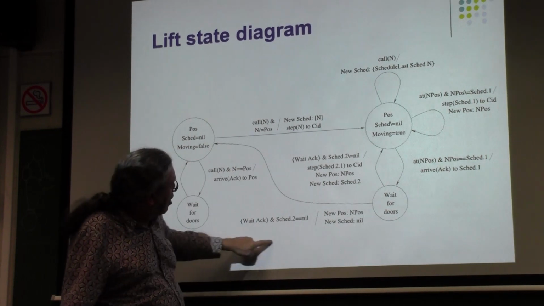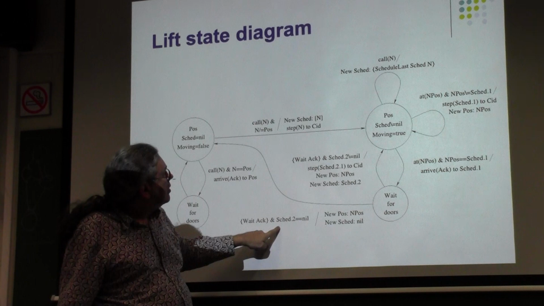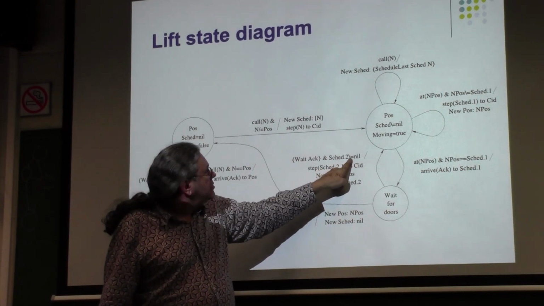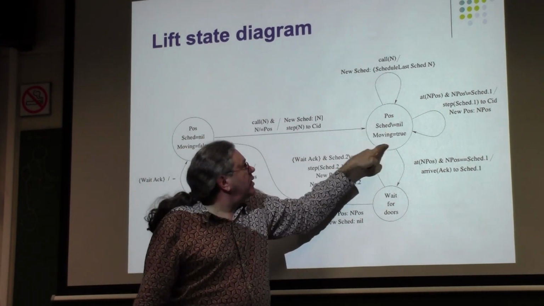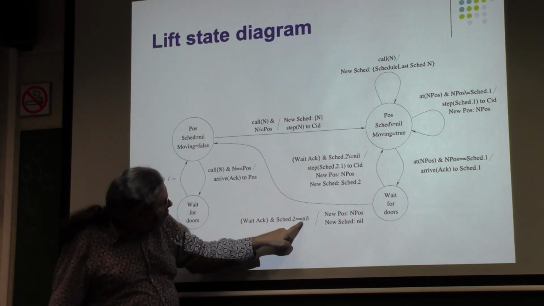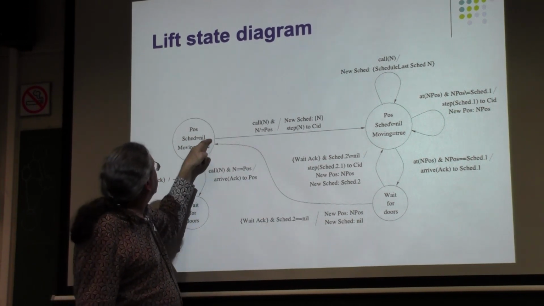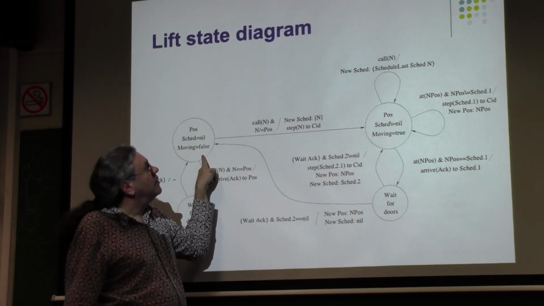Now, these two here are another while, the main while loop, the big one. As long as schedule.2 is different from nil, it's still moving and looking for the floor. But once schedule.2 becomes equal to nil, then I'm done, and it goes back to the idle state.